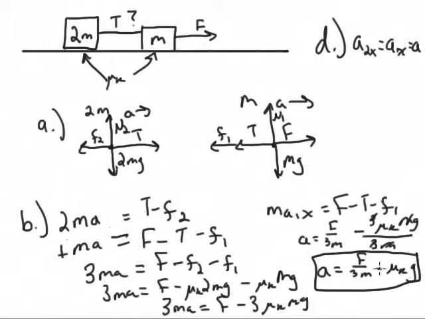Now the last thing we need to do is also figure out the tension in terms of given quantities. One thing that we can do is just use this right here and solve for the tension, since we know the acceleration now. So rewriting that, we'll just get 2ma is equal to T minus F2.